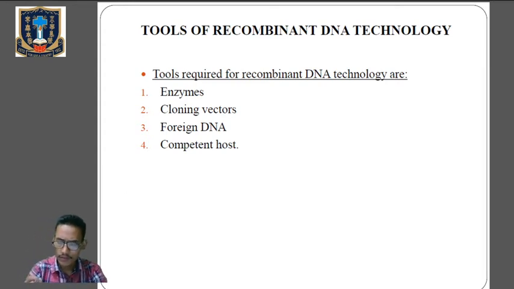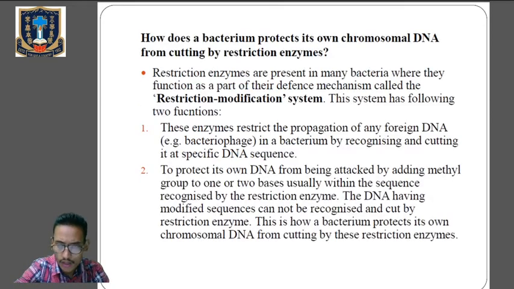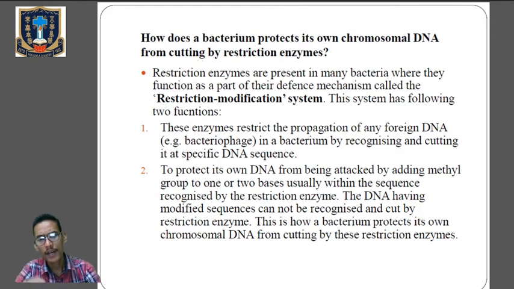The question is that these restriction endonucleases are mainly isolated from bacteria, or they are present in the bacterial cell. But how does the bacterium protect itself from the actions of this restriction endonuclease enzyme? Are you getting it?